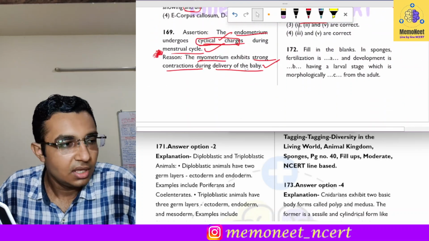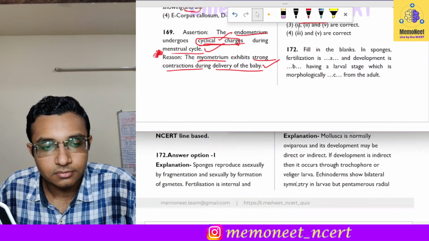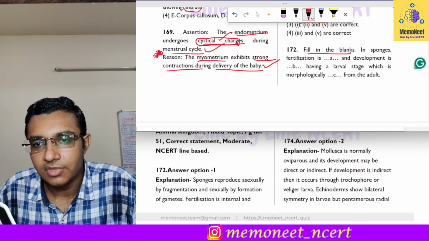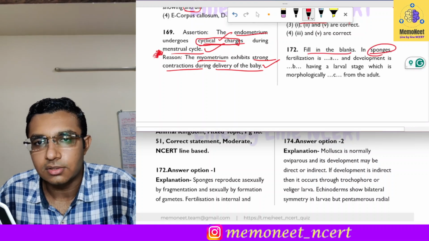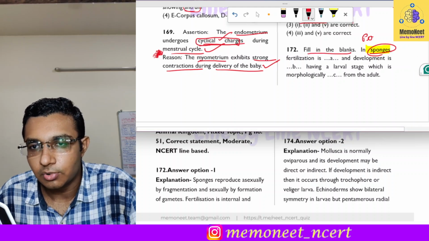Now moving on to the next question, that is question number 172. It is a fill in the blanks question, so let us see them one by one. First is in sponges, so it is talking about the phylum Porifera.